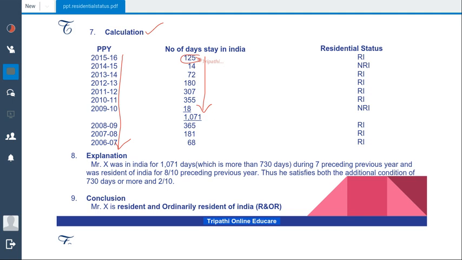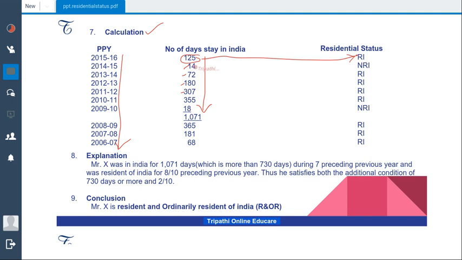But if you're going for second basic condition, which is more than 60, then along with 60 days or more, you'll have to fulfill 365 days or more in the 4 preceding previous year. So you will have to check the total of 4 preceding previous year. So now you can make out the total of 4 preceding previous year is more than 365. Hence, for this year, he becomes resident of India.